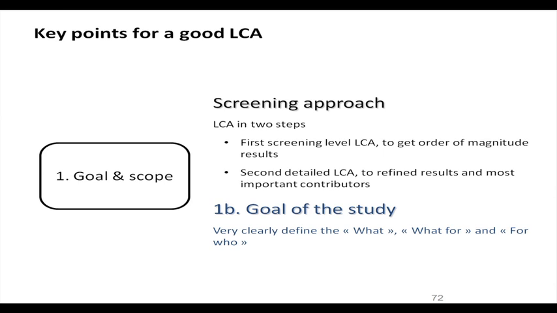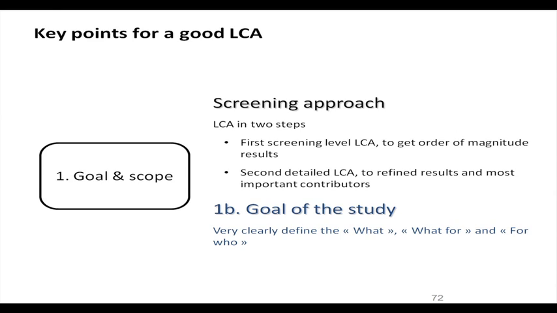The stuff which doesn't contribute much, we can ignore, because as you have seen earlier, in the inventory analysis, with the different unit processes, things can go into big tables. To avoid having so much data to deal with, we try to pick the data, because when you look at too much data, sometimes the important data gets ignored. So we are trying to focus on the important data for which we can get the results. So that's the screening approach.